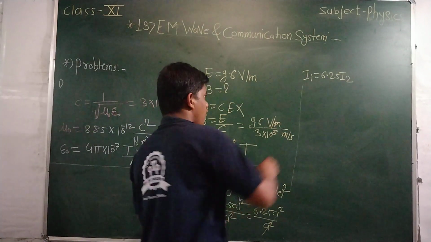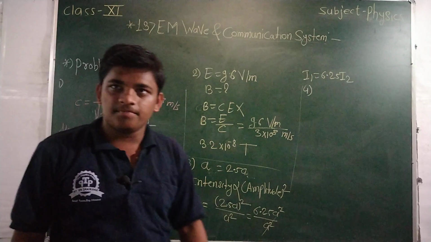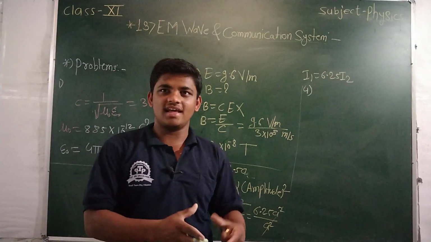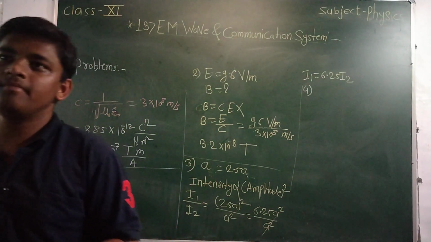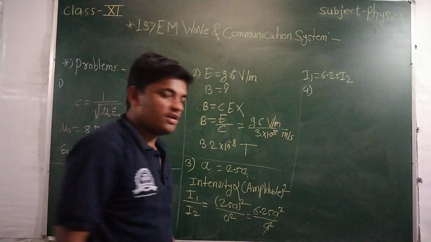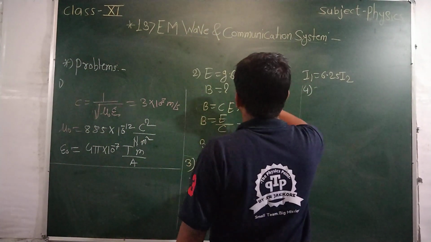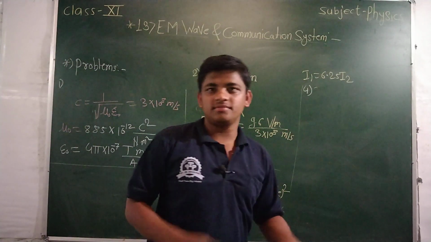Then number 4 gives the frequency along the x-axis, along the x direction, and gives some electric field. Find the magnetic field. It gives the electric field along the x-axis, and the equations are the same.